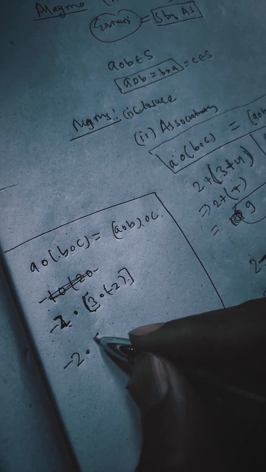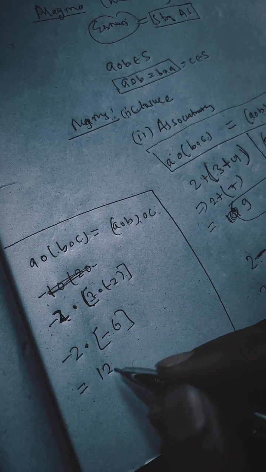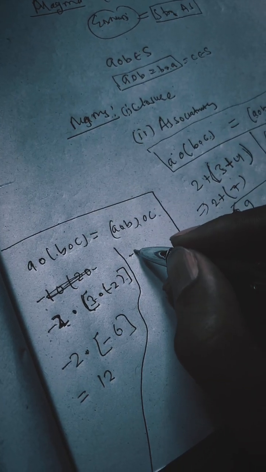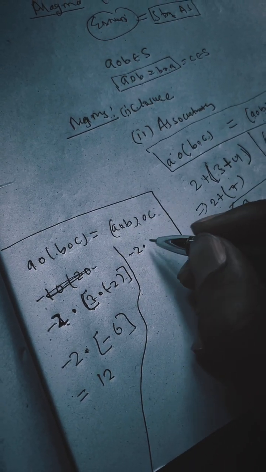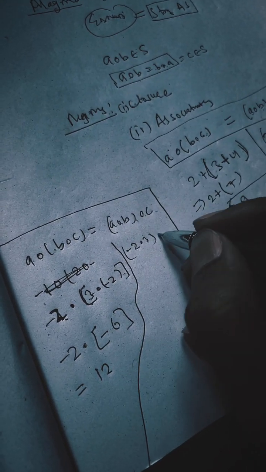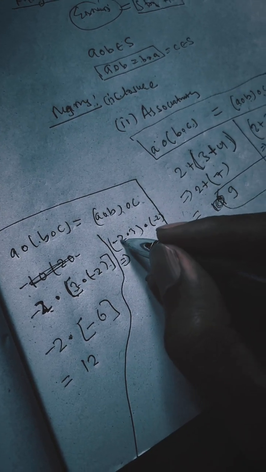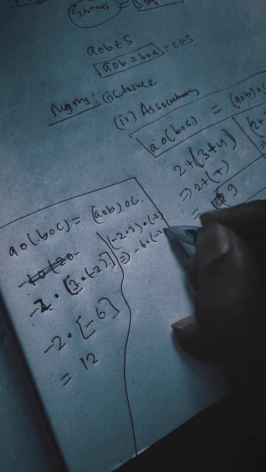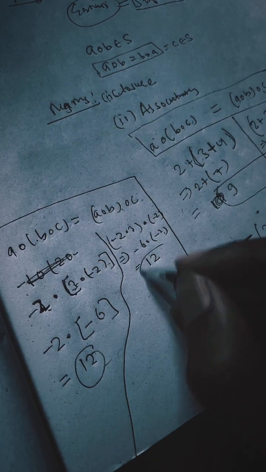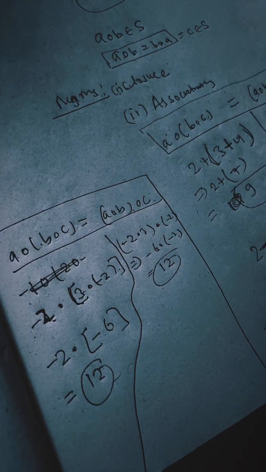Well, 3 multiplied by -2 is -6, and -2 multiplied by -6 is 12. Now let's check this part. A is -2, the operation is multiplication, B is 3, the operation is multiplication, C is -2. So -2 times 3 is -6, and -6 multiplied with -2 is 12. So they are equal. It means multiplication is associative, right?